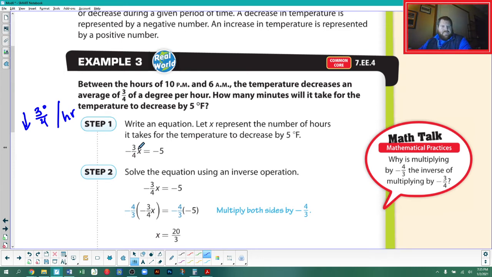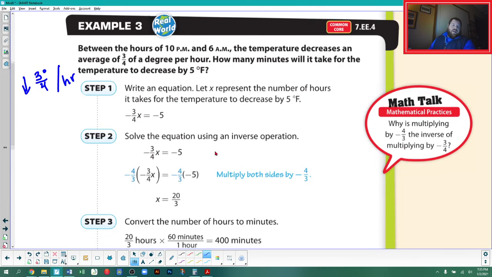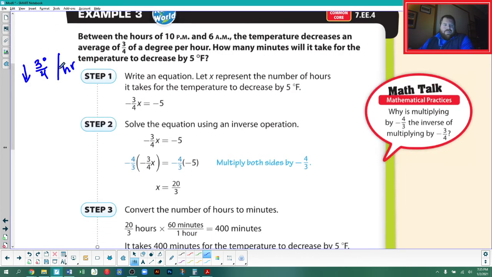That's okay. We want to write an equation. We're going to say down 3/4 of a degree per hour is negative 3/4 x, where x is the number of hours, equals negative 5. So we want to see how many hours, how many iterations of this negative 3/4 is it going to be until we get to negative 5.